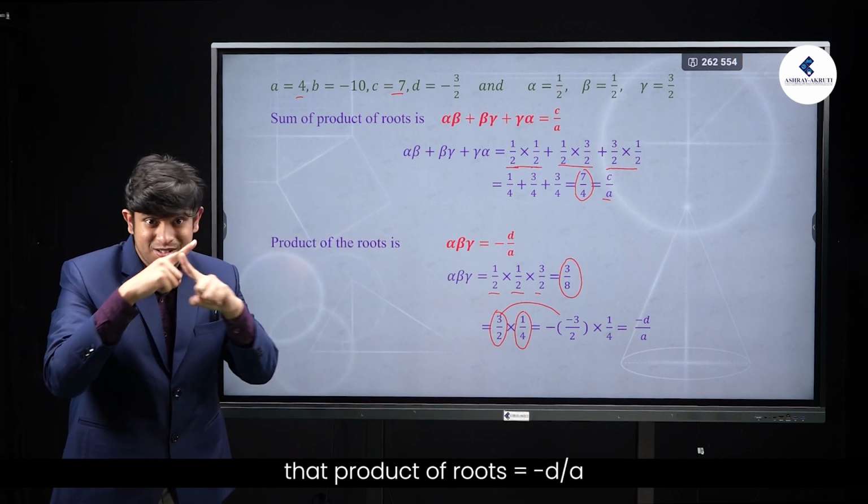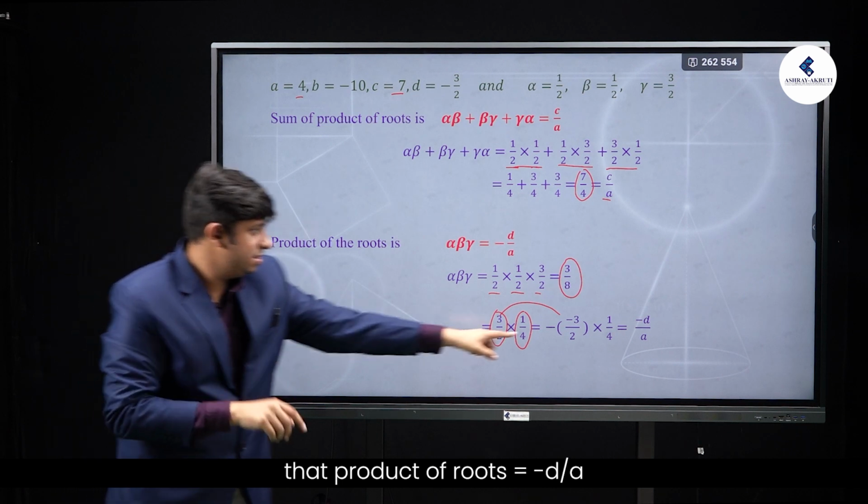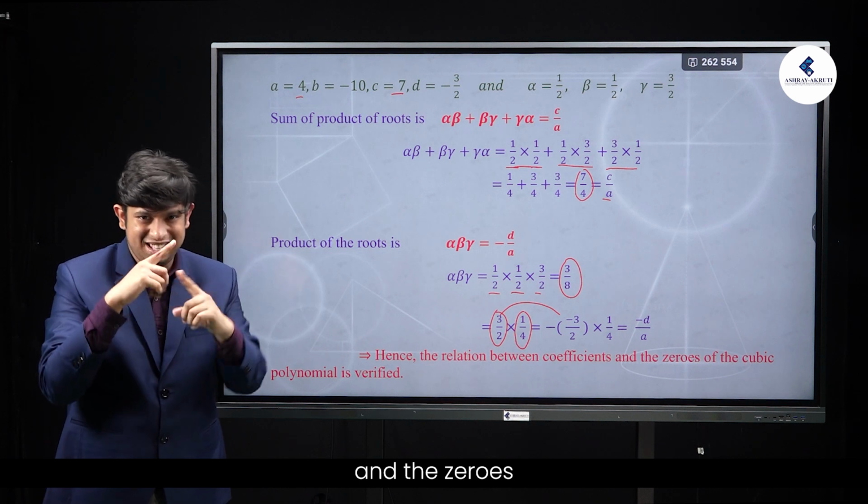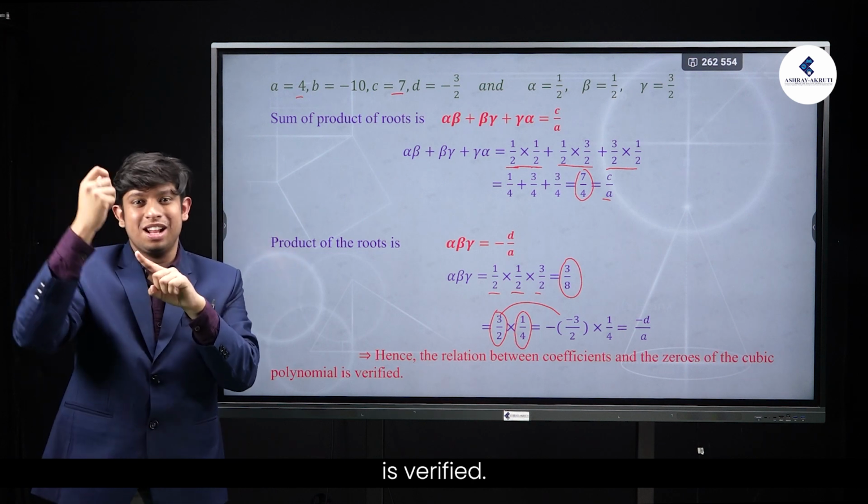Hence, it is verified that product of roots is equal to minus d by a. Hence, the relation between coefficients and the zeros of the cubic polynomial is verified.